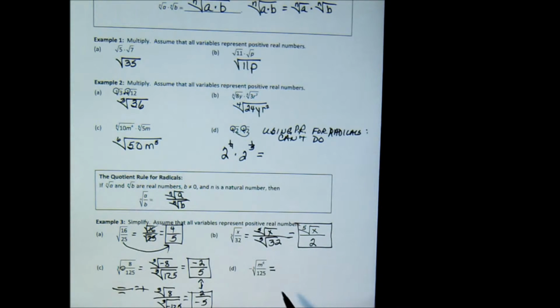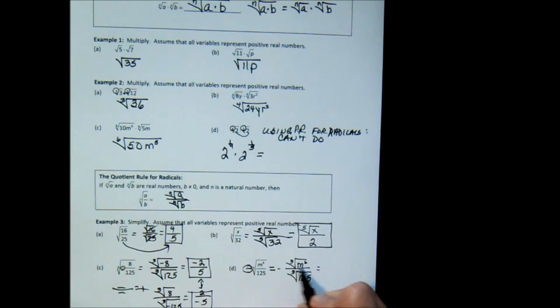This one is tricky. The negative is outside, so it's sort of like an afterthought. So we're actually going to do that negative sign last. So what I have is the cube root of m to the 6th over the cube root of 125. Now I know there's going to be a negative sign added at the end. What's tricky about this is the numerator.